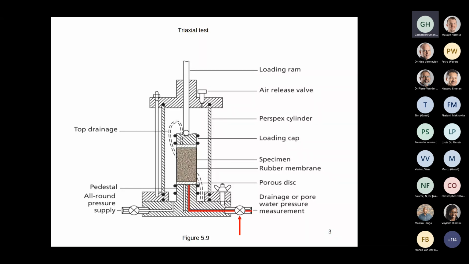Then preparing the specimen before it actually goes into the triaxial apparatus. Then flushing the specimen, and so forth and so forth. But the two main stages that we are going to focus on today are what we call the consolidation stage and the shear stage. So there's a lot to be said about triaxial testing, but we only have 1 hour. So in the context of this afternoon's lecture, we're going to focus on the consolidation stage and the shear stage.